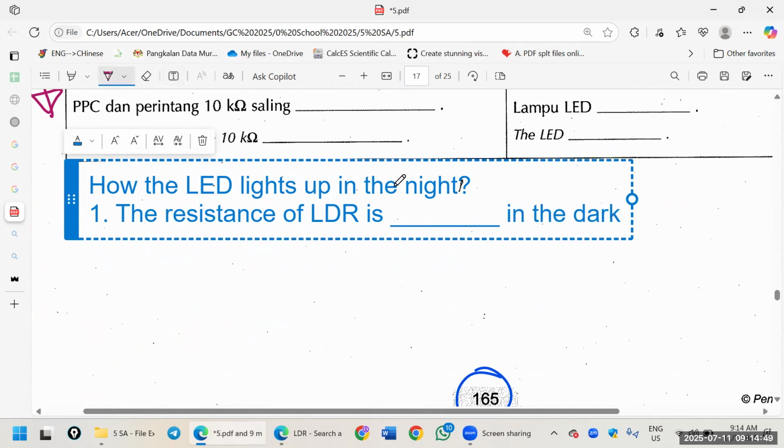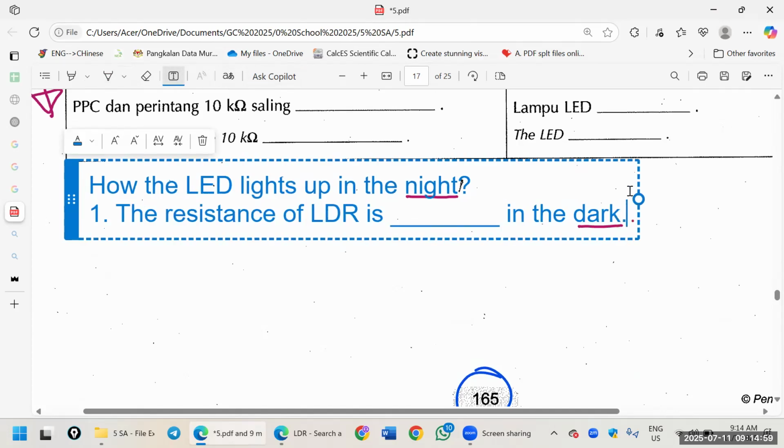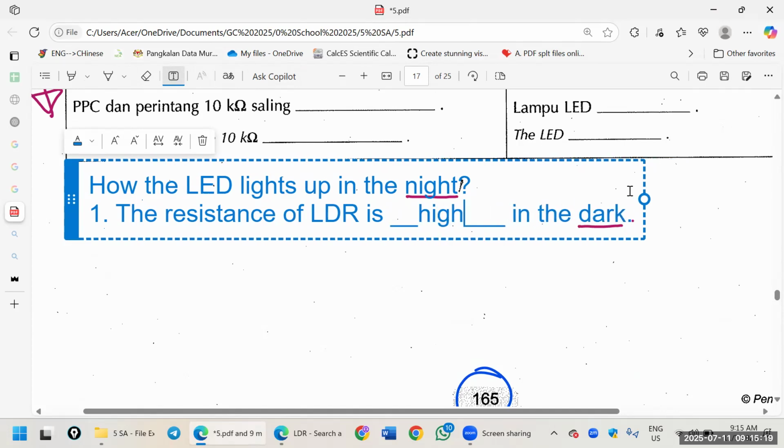When they say night, you translate it as in the dark. It's high, because BH means dark high, bright low. The resistance of the LDR is high in the dark.